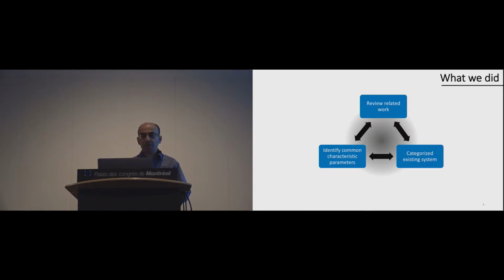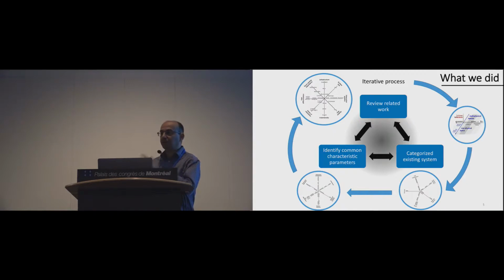So very quickly, the process for coming up with the model was an iterative one. We looked at a number of related literature that addressed this problem. We categorized the systems in these reviewed papers, and then we tried to identify the common parameters in all these papers.